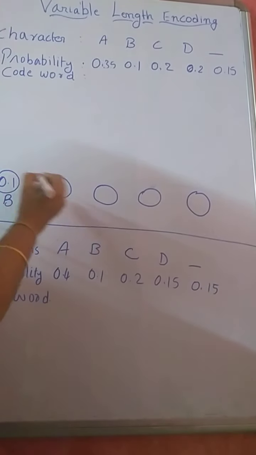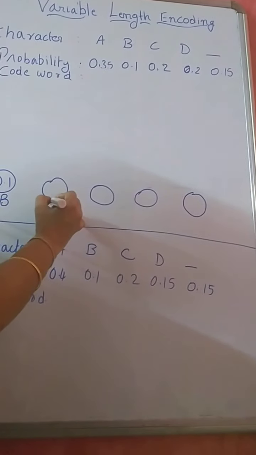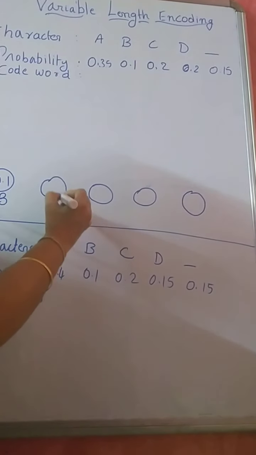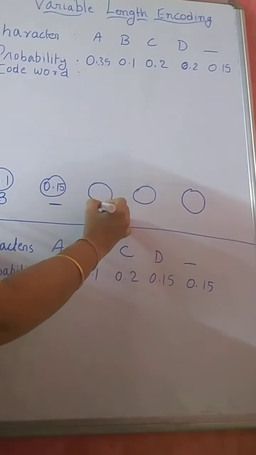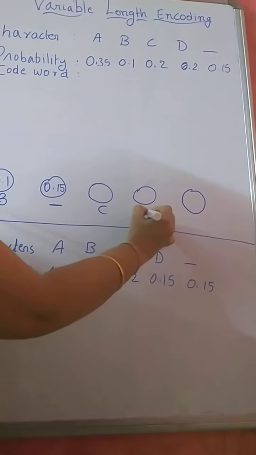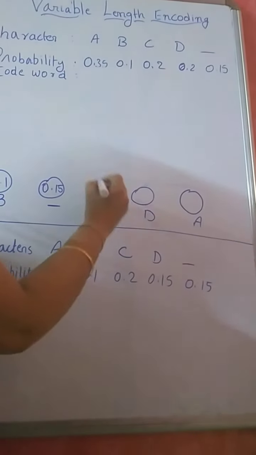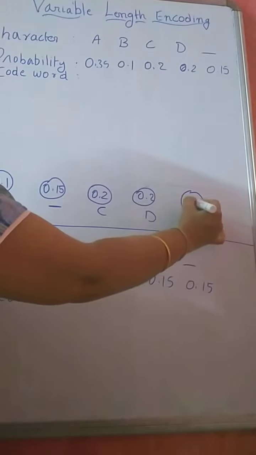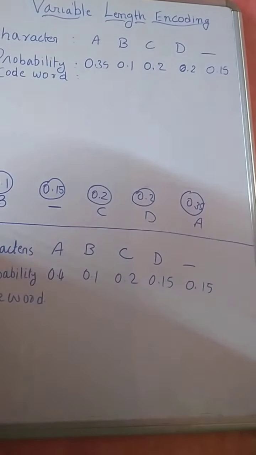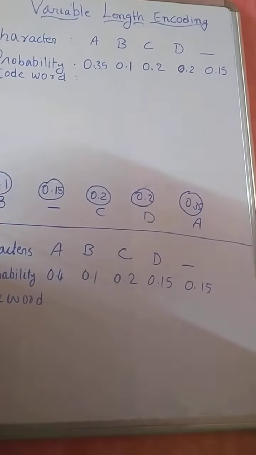The probability is 0.1, and let me take this as underscore with the probability of 0.15, and this is C, D, A. Why I have taken this particular order, you will come to know when you solve this problem. So these are the probabilities of occurrence of these characters.